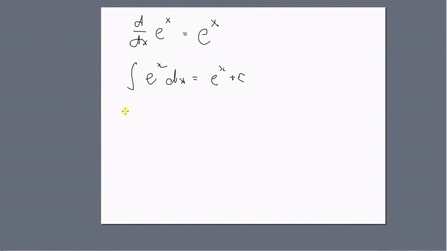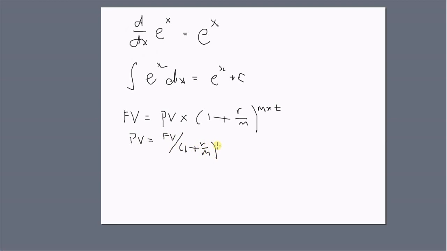So let me write down the formula again. Okay, so this is the result for the present value, and of course you can just play with the formula and arrive at the result for present value, which is equal to future value over (1 + r/m)^(mt).